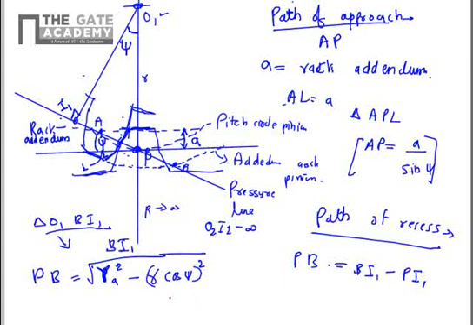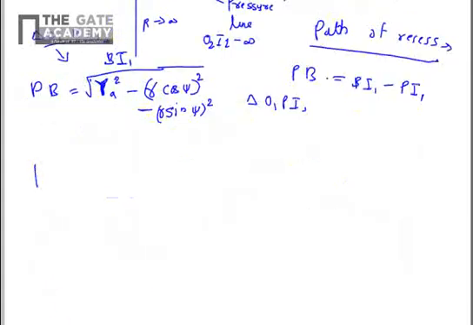And PI1, we know that from the triangle O1 P I1, PI1 is equal to small r sin xi. So what is the total path of contact? That is path of approach plus path of recess.